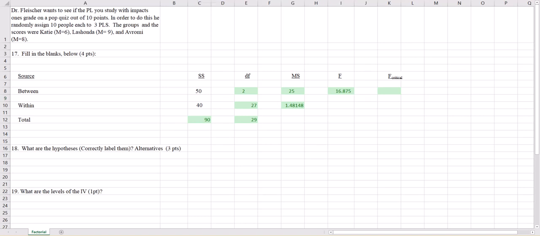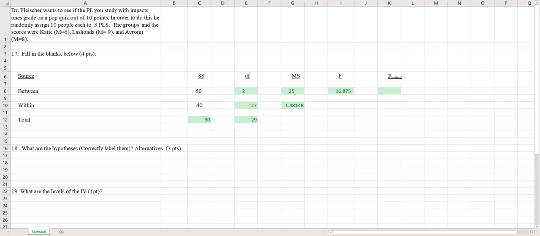Next, we need to look up our F critical value. We do this by going to our F table, going to the degrees of freedom for the denominator within the error. We're going to round down to 26. In order to be more conservative, we're going to do the 0.05 and go to the second column where it says degrees of freedom for numerator.